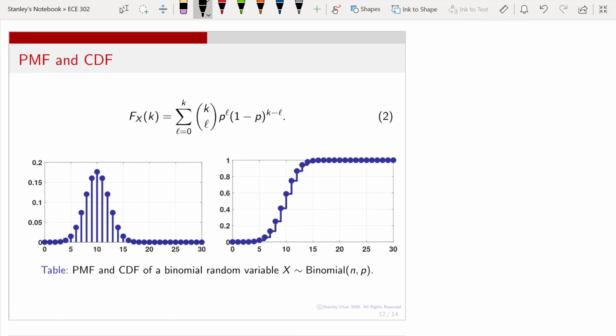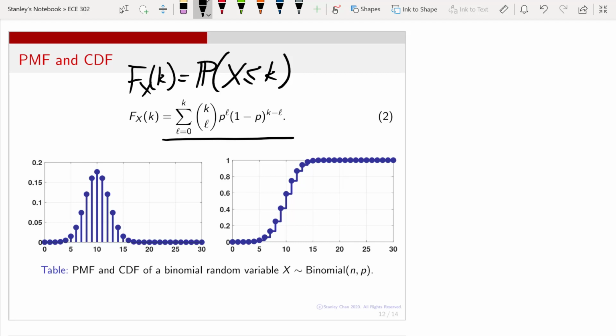The CDF, or the cumulative distribution function of a binomial random variable, is given by this formula. There shouldn't be any surprise, because F_X of k is defined as the probability that X is less than or equal to k. And so what you need to do is to sum your index l from 0 all the way to k, and here it will be your probability mass function.